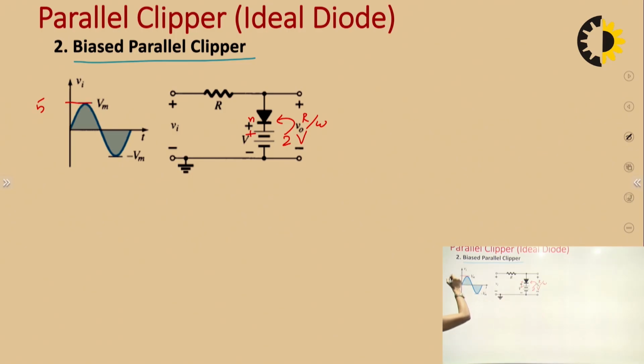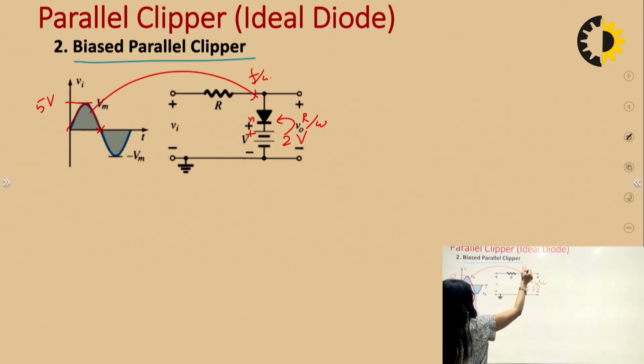Let's say this is 5. This is a normal diode. This particular part is making the diode forward biased, and this battery is making it reverse. So this voltage needs to win over this particular battery, when it will be above 2 volts.